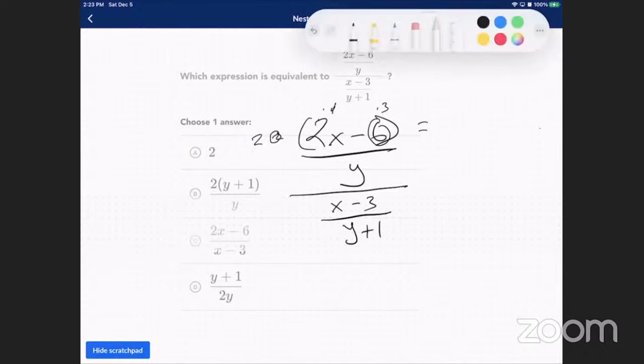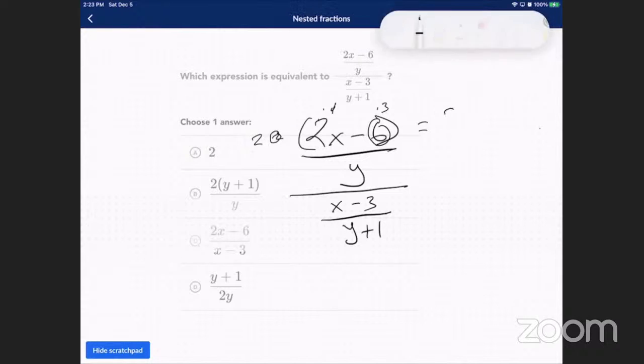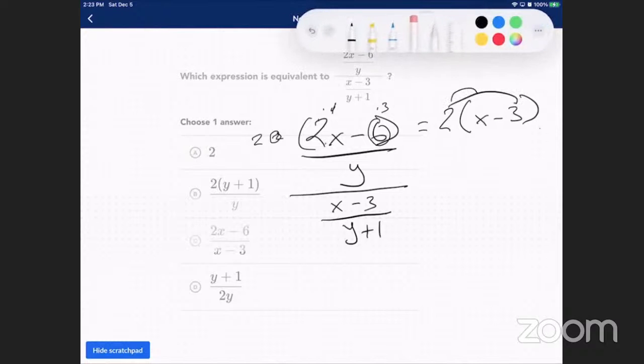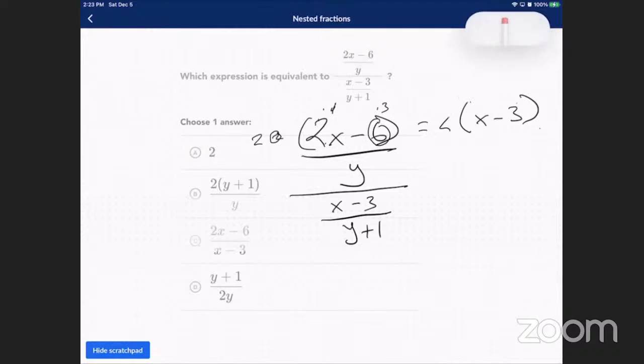Whenever you have a 1 in the denominator, it's just like saying that. Then we can go ahead and cancel out both of these, and we just end up with 2. No, and I wanted that to work. Okay, so we can't do that.